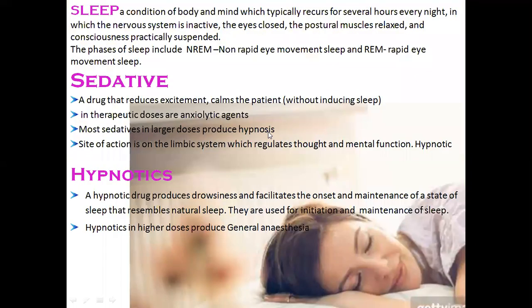Now, CNS depression is related with sedatives and hypnotics, which are related with sleep. Sleep is a condition of body and mind which typically recurs for several hours every night, in which the nervous system is inactive, the eyes closed, the postural muscles relaxed, and consciousness partially suspended.